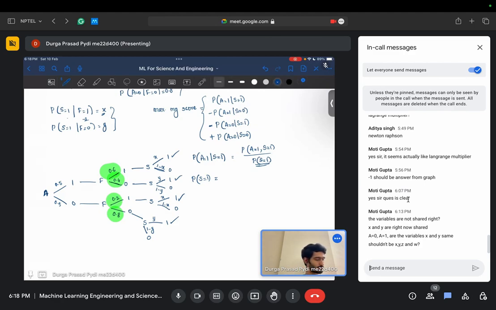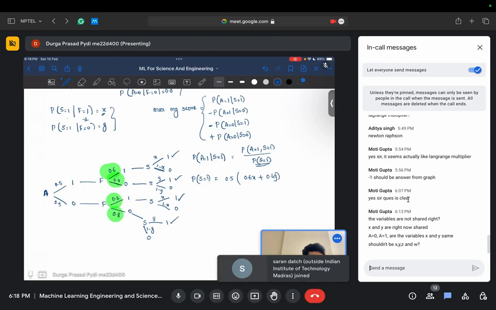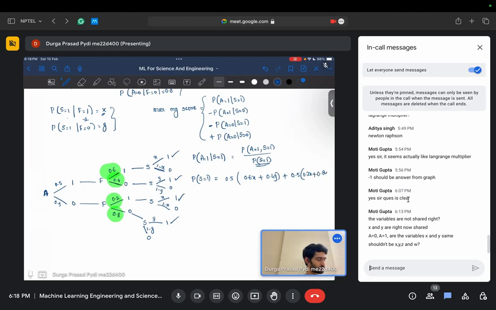So if I just do that, it will be 0.5 times (0.6x plus 0.4y), and then you have 0.2x plus 0.8y. This is clear.